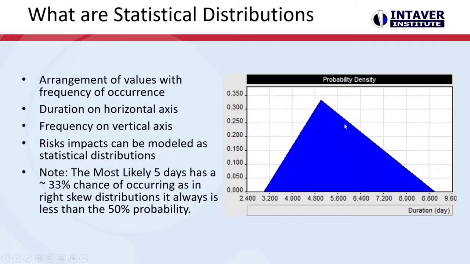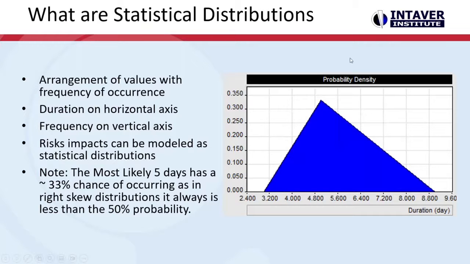And that means our average, or our mean, is going to end up somewhere around, I don't have it put on here, but it will end up somewhere around here. And that's a really important issue when we think of most likely versus average, when we're trying to understand activities that are probabilistic and uncertain.